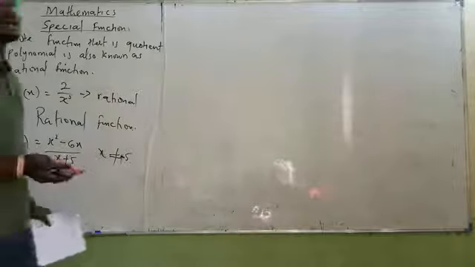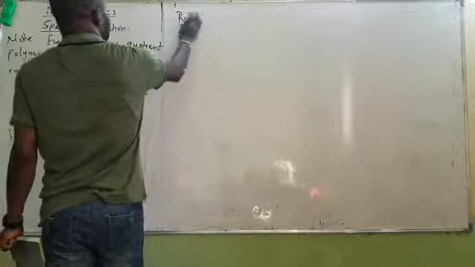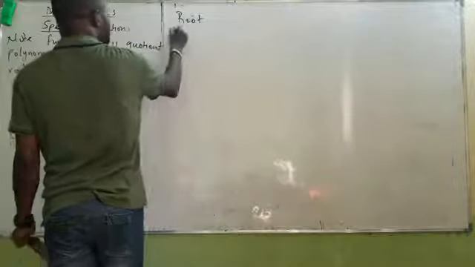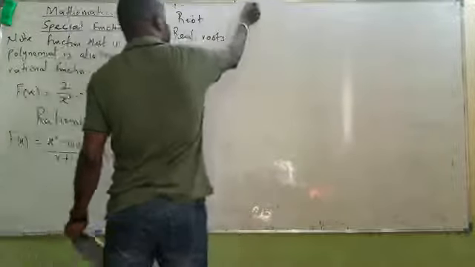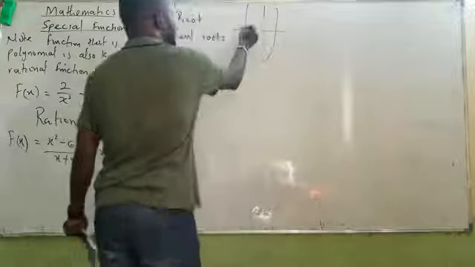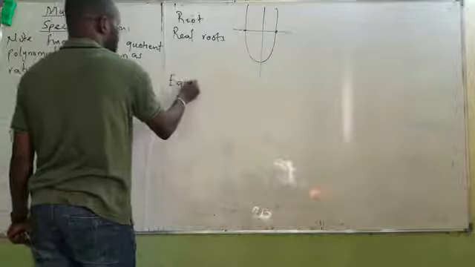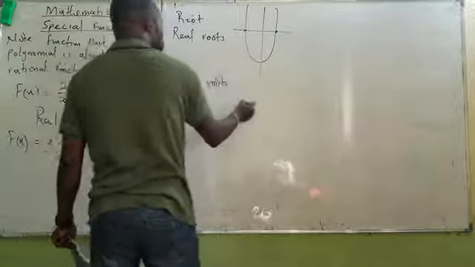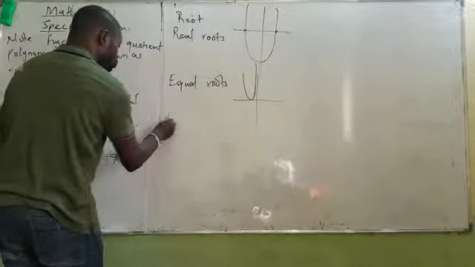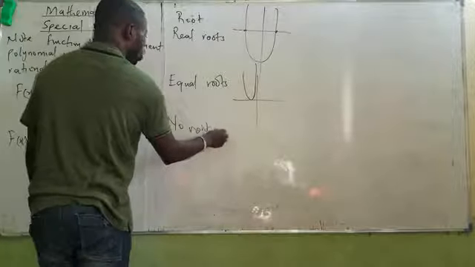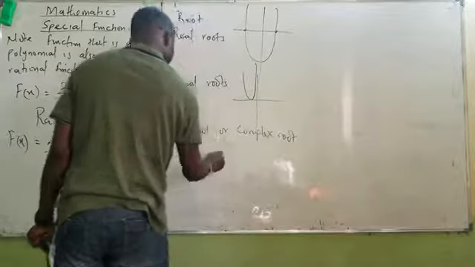And I've told you that there are different types of roots, so let me go back to roots. Now, we have real roots. Real roots are roots like this. Take note of this. There are what are called equal roots. Equal roots are roots like this. Do you get me right? Now, no roots, or complex roots, are roots like this.